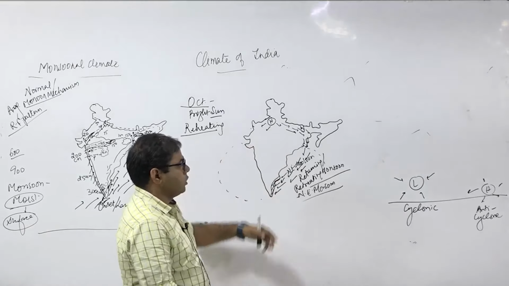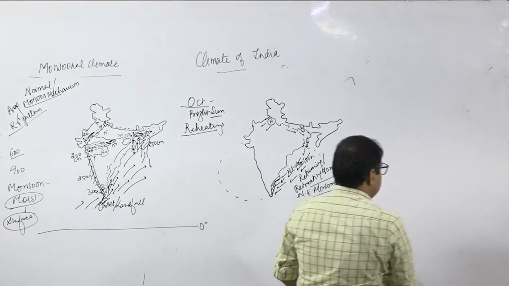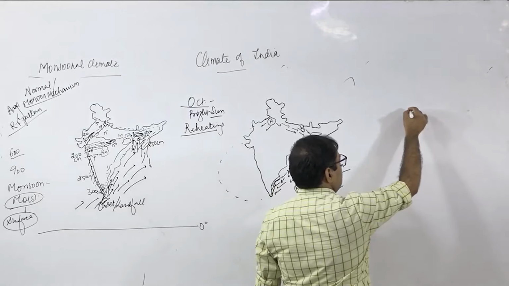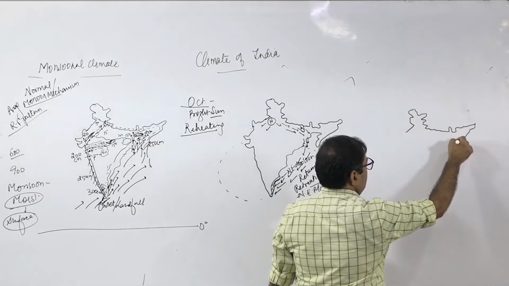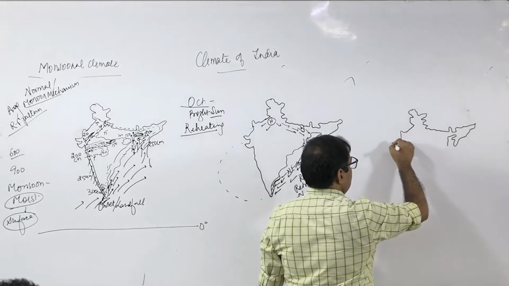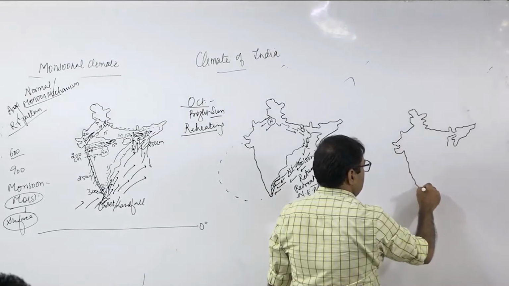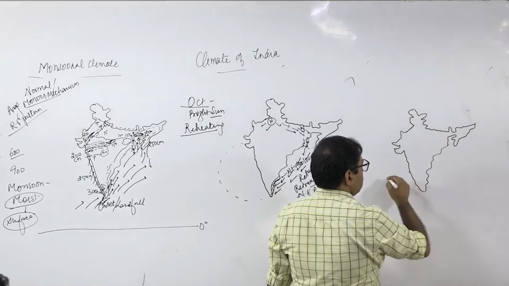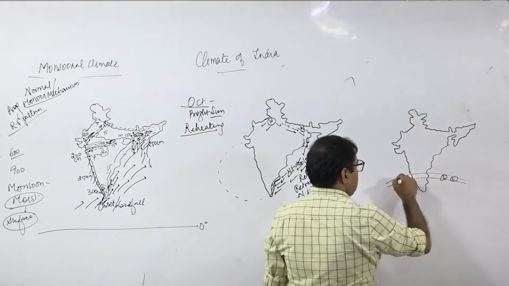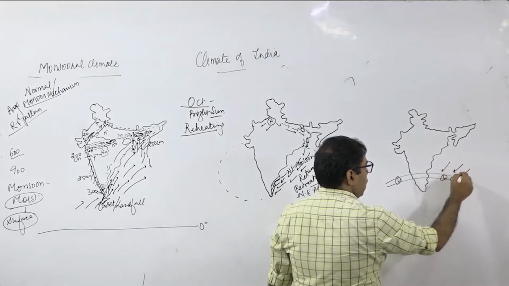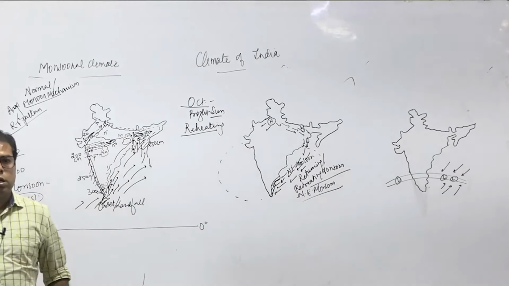So when it comes, these winds are warm, and also with the shift of ITCZ over the Bay of Bengal, which is a low pressure zone and a convergence of wind, cyclonic conditions develop.